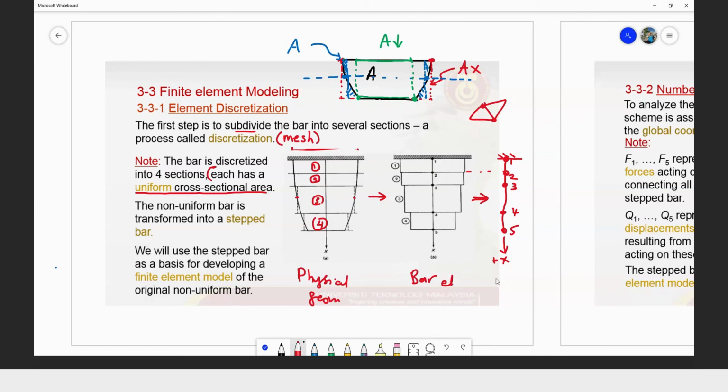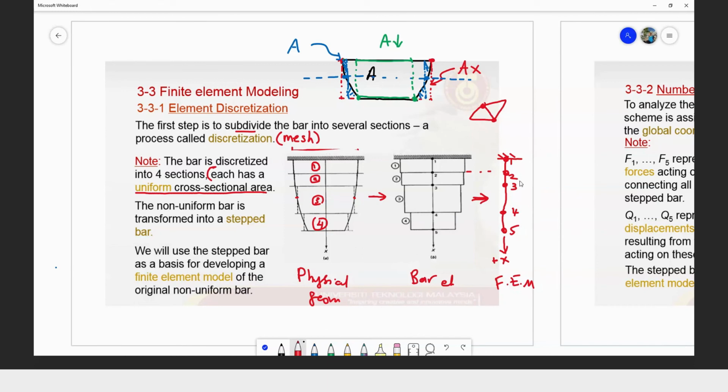And then this is, we can call it as the finite element model. So kalau dalam kamu punya problem nanti, kamu diminta untuk sketch bar element of the structure. So lukis macam gini lah. Kalau dia minta kamu lukis finite element model of the structure, kamu boleh lukis macam gini.